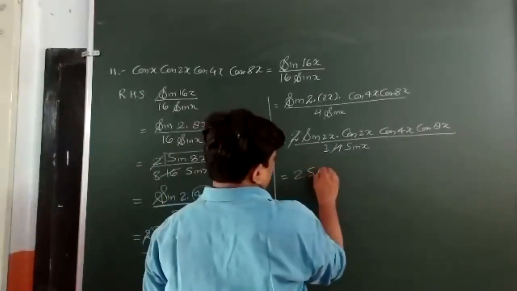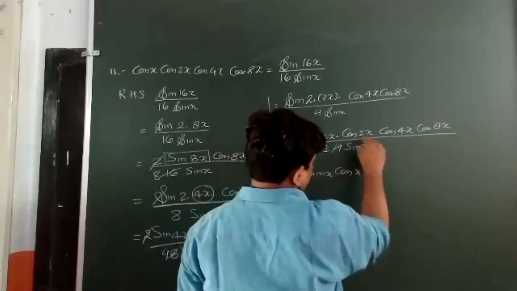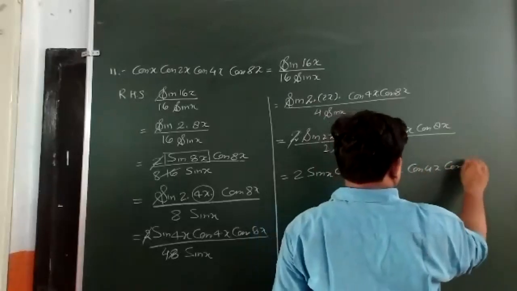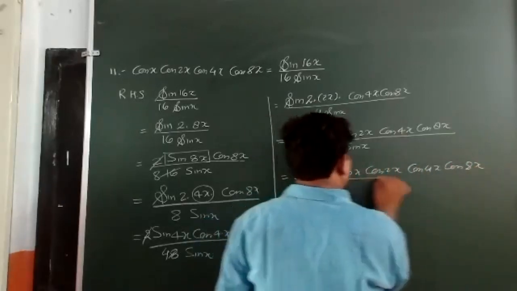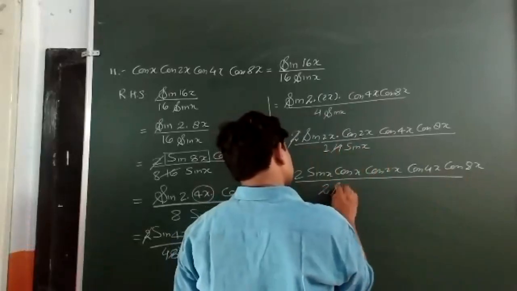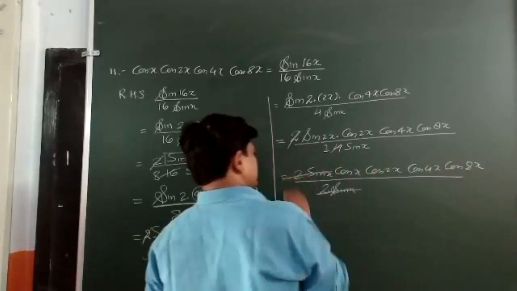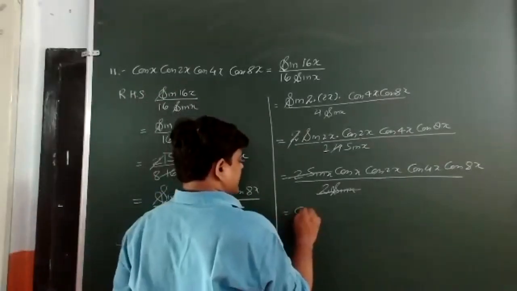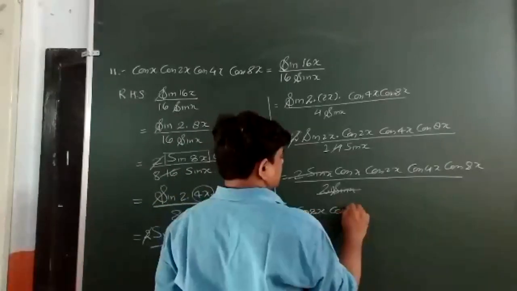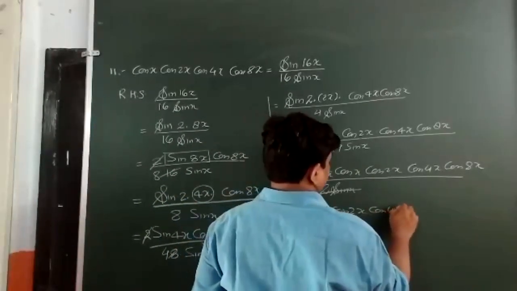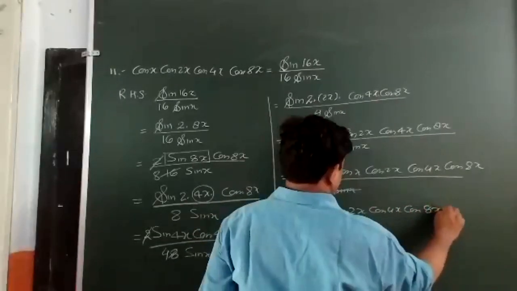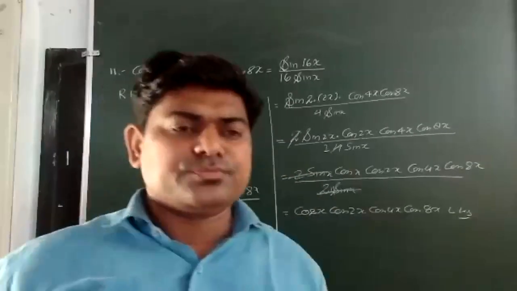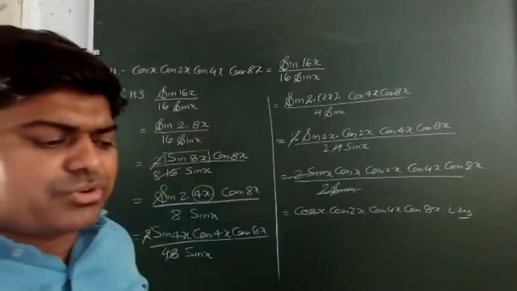So it is 2 sin x cos x, then I am having cos 2x, cos 4x, and cos 8x, upon sin x. They can be eliminated. And now you can see cos x, cos 2x, cos 4x, and cos 8x. This is the left hand side. You will take a screenshot of this question.